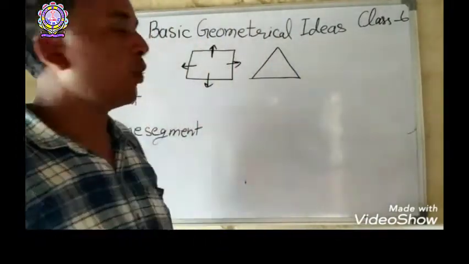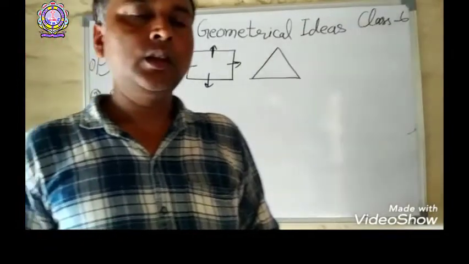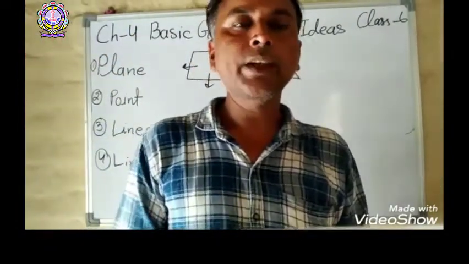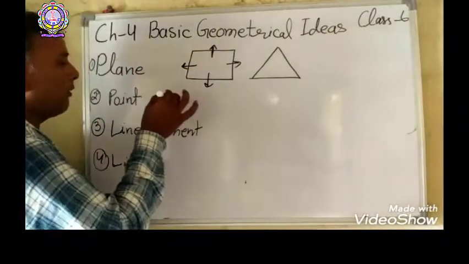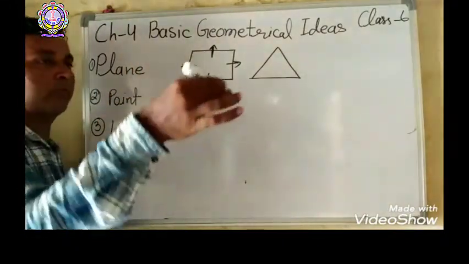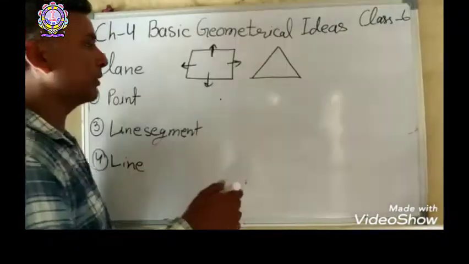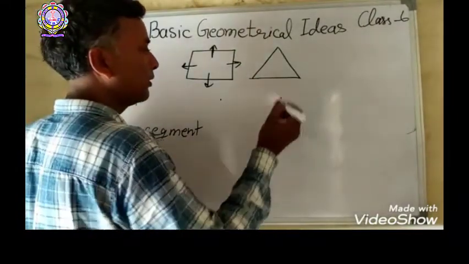Next, point. A point is the tip of a pen, pencil, or marker.